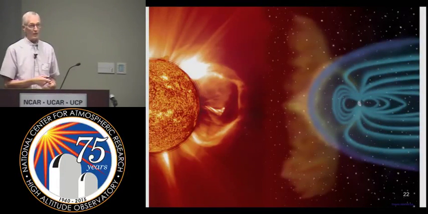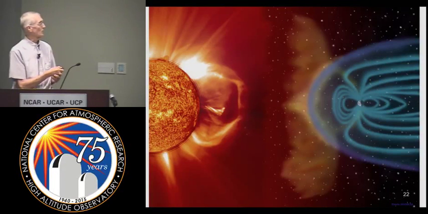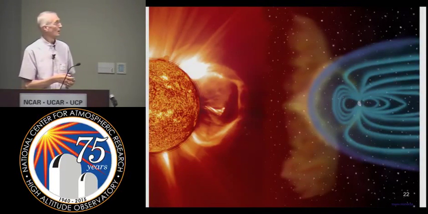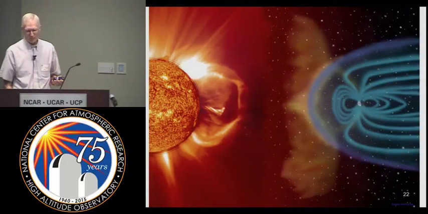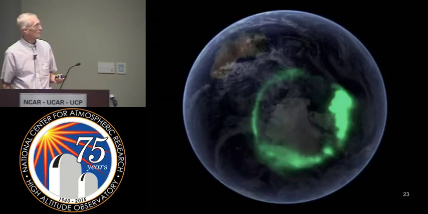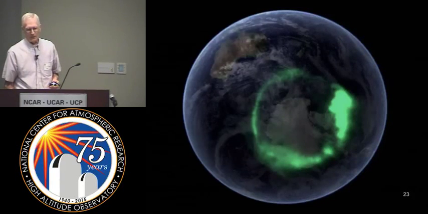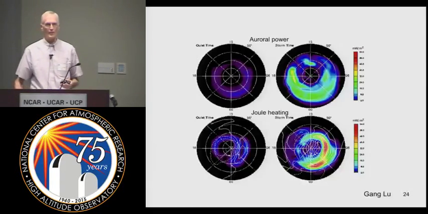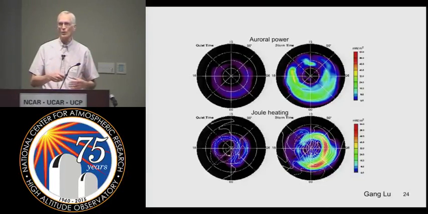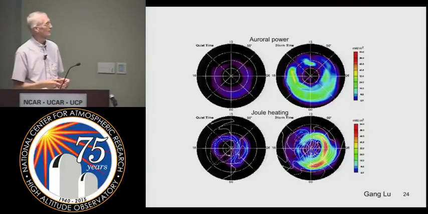Of course, we are also interested in knowing how solar disturbances interact with the Earth's magnetic field to produce the aurora like this. There have been two primary ways that HAO has been analyzing this.